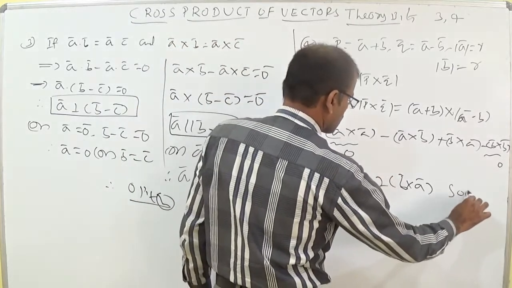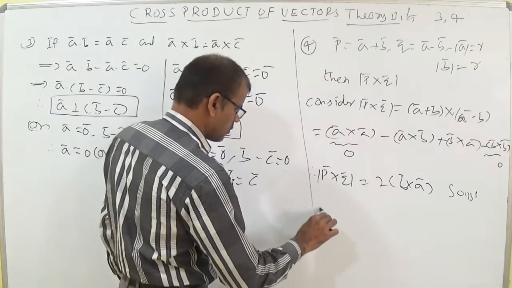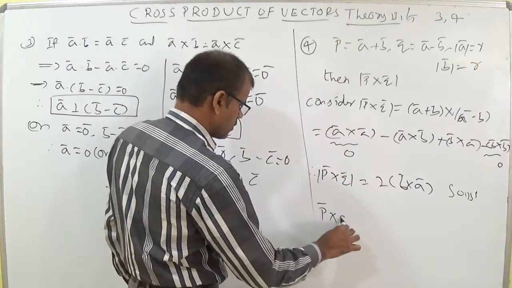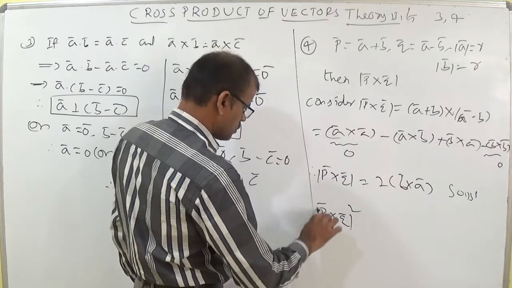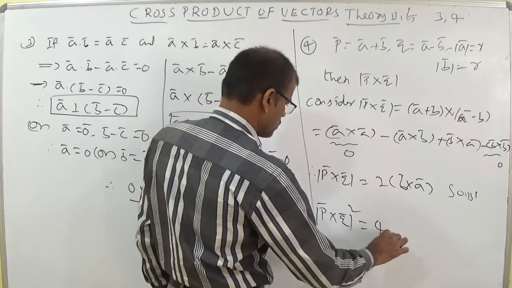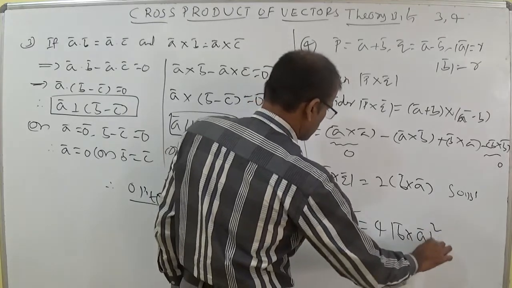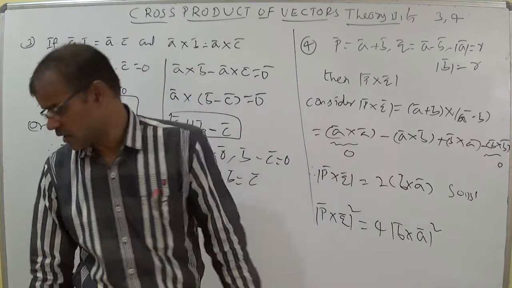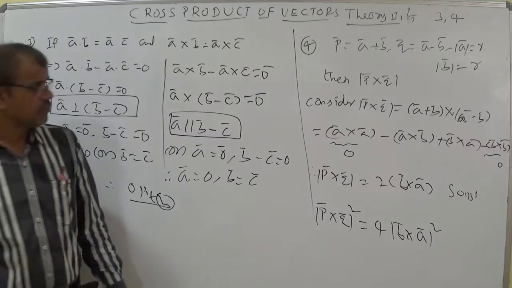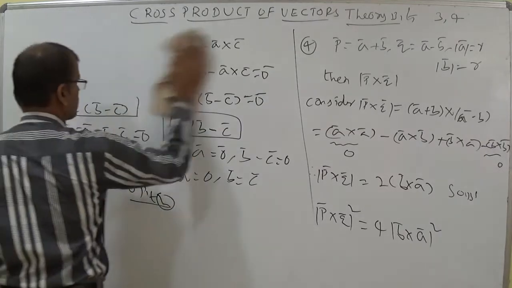Now we can take the value squaring on both sides. So now I am writing modulus of P bar cross Q bar whole square is equal to 4 into, take modulus here, B bar cross A bar whole square. Let us write the value of B bar cross A bar whole square here.